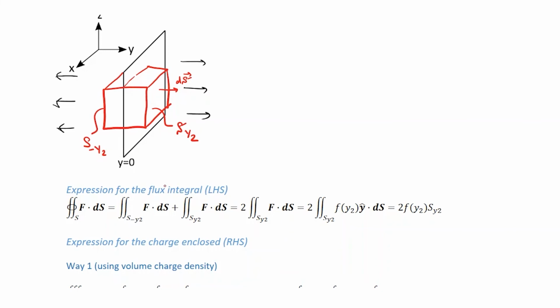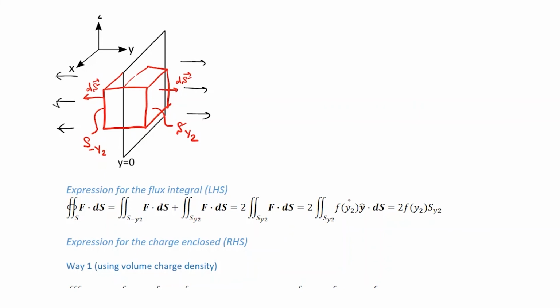For the other integral, ds is going in the opposite way and f is going in the opposite way. And the magnitude of f in these two integrals is the same because of the symmetry, since we set up a symmetric Gaussian surface. So the signs are the same and everything else is also the same, so you end up with 2 times this integral.